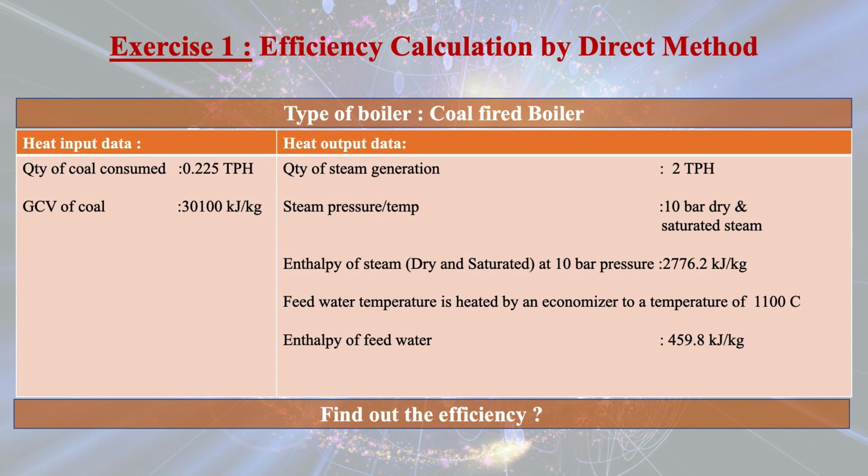Enthalpy of dry and saturated steam at 10 bar pressure is given as 2776.2 kilojoule per kg. Feed water is heated by an economizer to a temperature of 110 degrees centigrade, and enthalpy of feed water is given as 459.8 kilojoule per kg. We have to find out the efficiency.